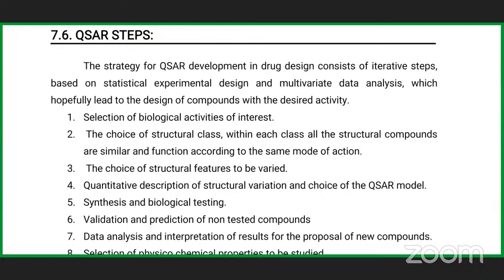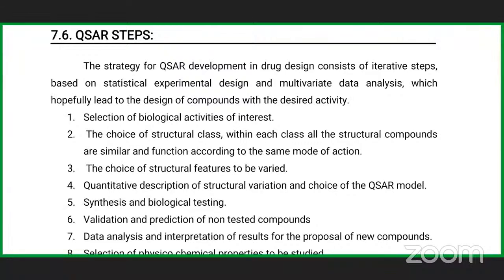So here the choice of structure class: within the class all structure compounds are similar, and the choice of structural features to be varied. So you see the structural features.